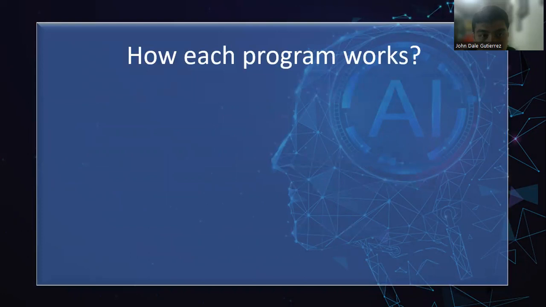So how each program works. So the first program uses the convolutional neural network, or the CNN. Using the given datasets that was set into desired format using the image generator in Python for the image processing.